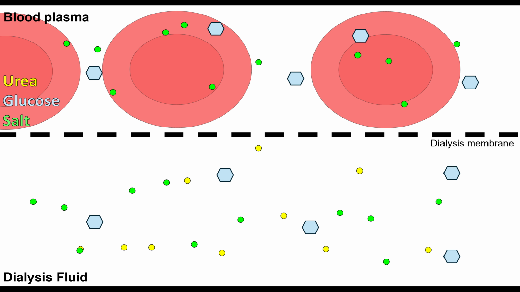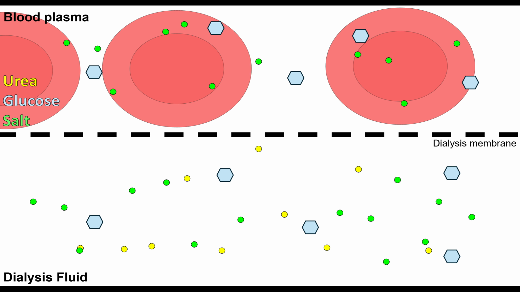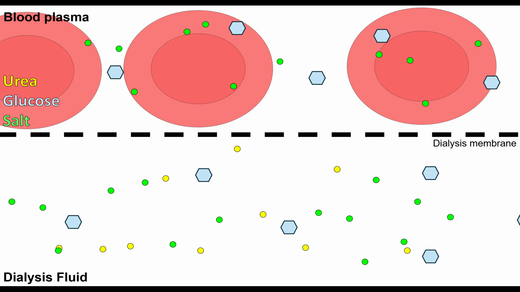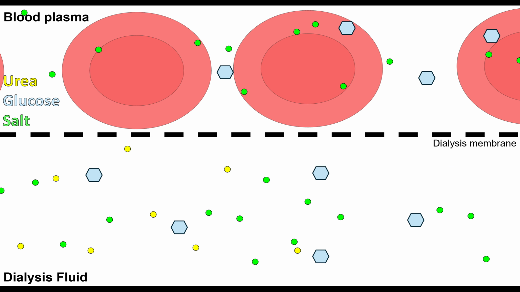Now, if the dialysis fluid and the blood plasma were just left to sit there, the urea would then diffuse back into the blood plasma. So to ensure that doesn't happen and to maintain a concentration gradient, the blood plasma and the dialysis fluid actually flow in a counter current direction.